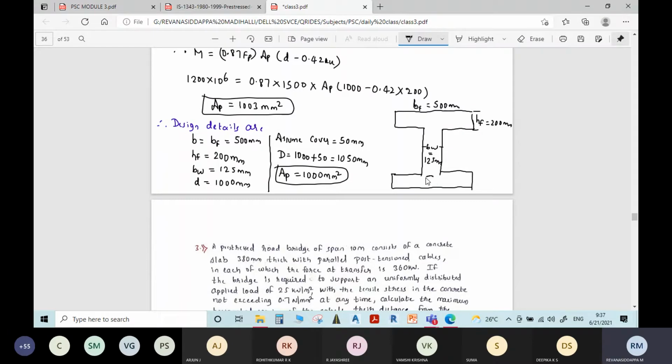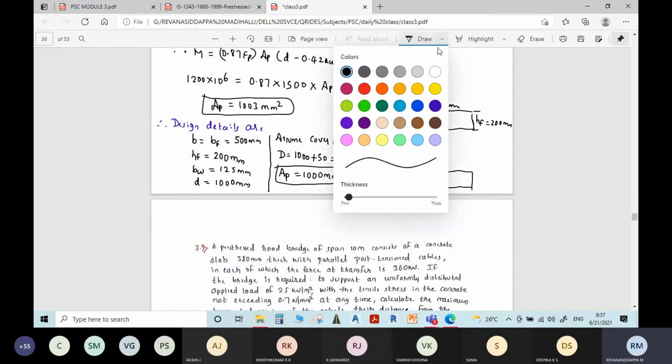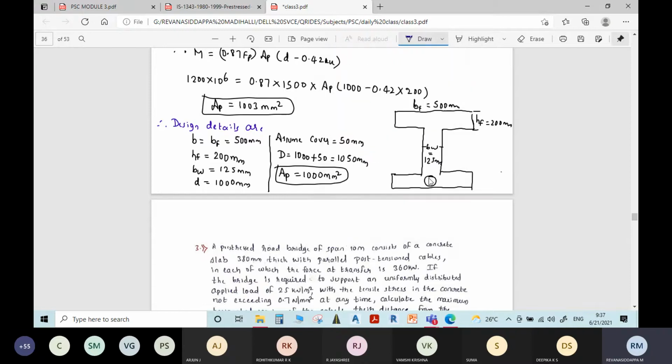Then this effective depth is 1000 mm and this will be 50 mm cover. Okay, so this is the final design details.